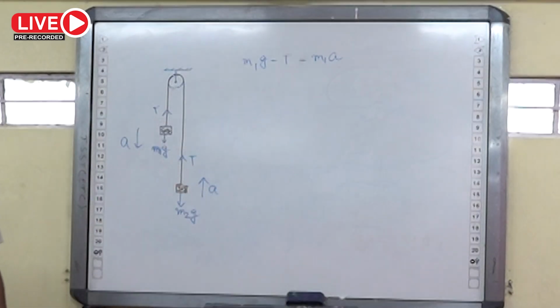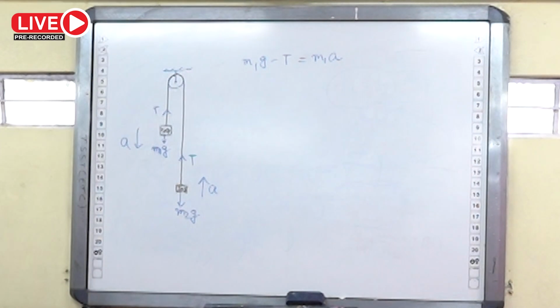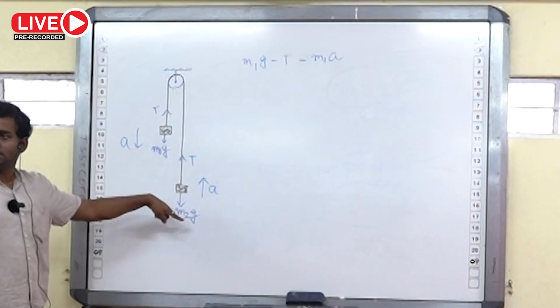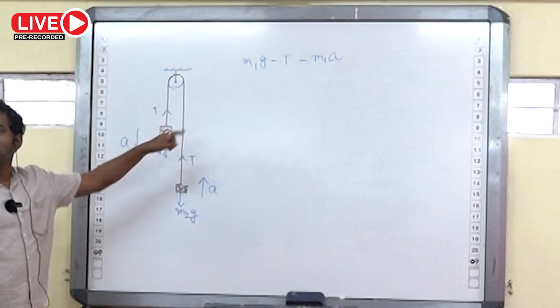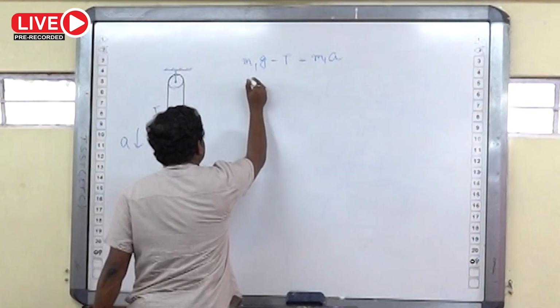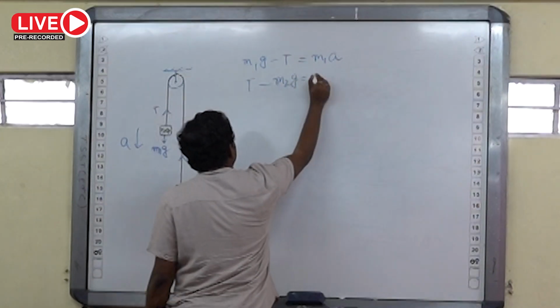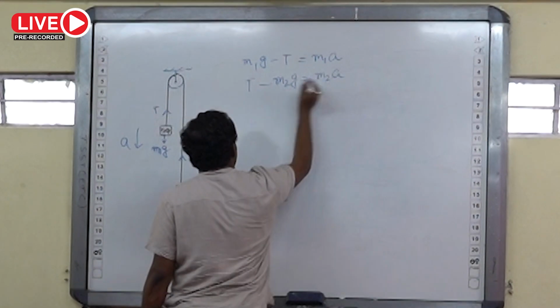For the second mass, the upward force is greater than the downward force because acceleration is in the upward direction, so we write T minus M2g equal to M2a.